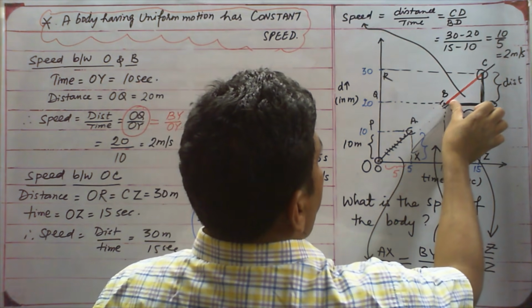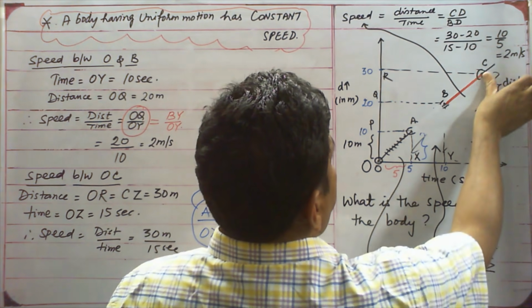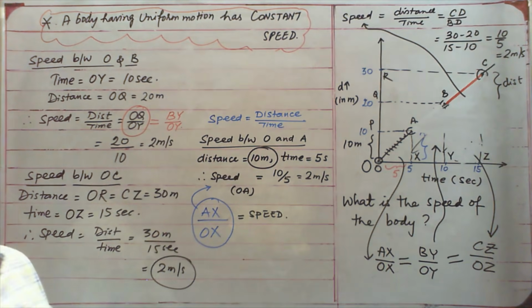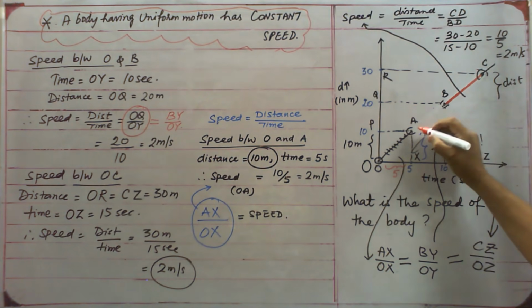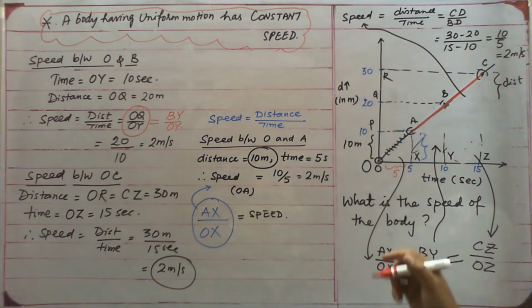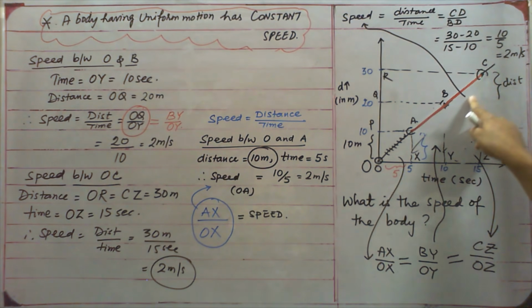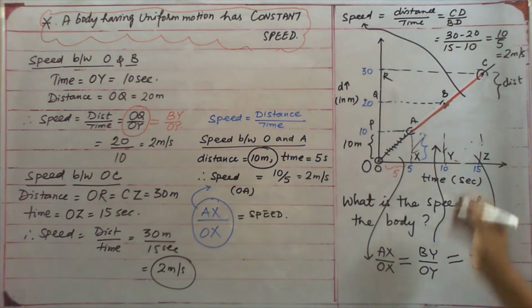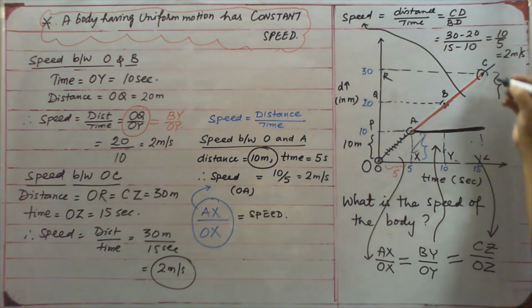Now between A and C, I draw the bold line. I am supposed to find out the speed from A to C. So you can see the red line here. Now I complete the triangle. Right triangle completed.